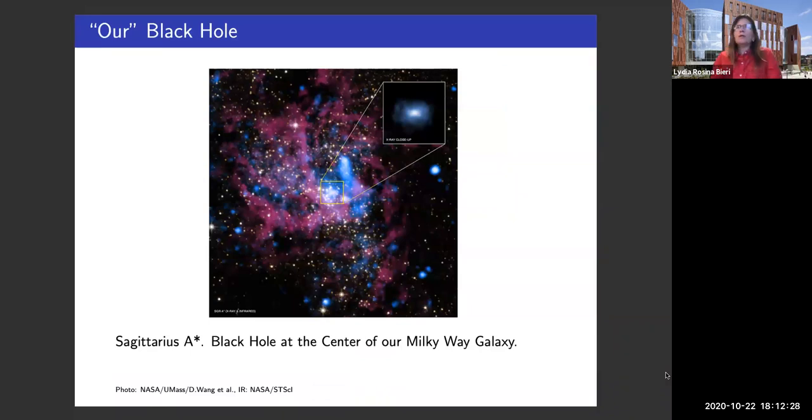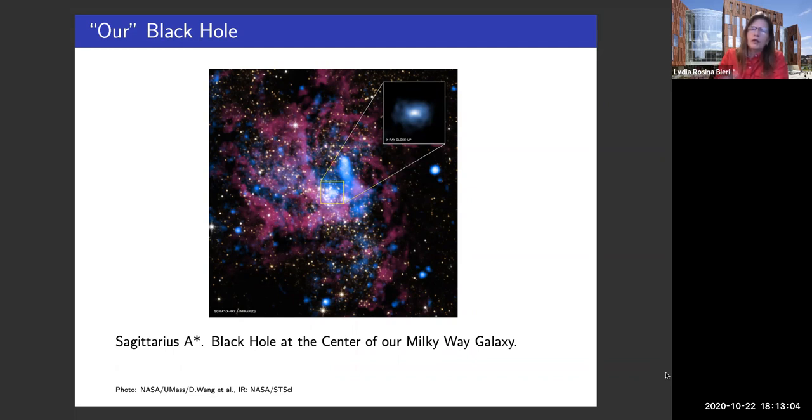Now, black holes, as we just said, merging black holes are one typical source of gravitational waves. And when we look at our black hole at the center of our galaxy, so we zoom in, we have some supermassive black hole there. And of course, you knew that this year the Nobel Prize in physics was awarded for the observational part, looking at the innermost stars, objects at the galactic center, and looking at the dynamics to infer that there must really be a supermassive black hole in the center of the galaxy.